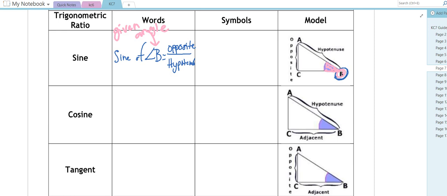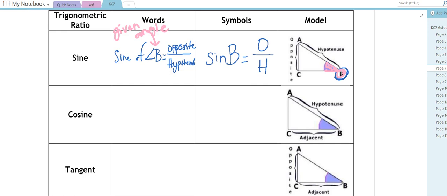In symbols, the way that we abbreviate is we write sine as SIN. Then you write your angle. And this would be represented as O, opposite is going to stand for O, and hypotenuse is going to be H. So we write opposite over hypotenuse.